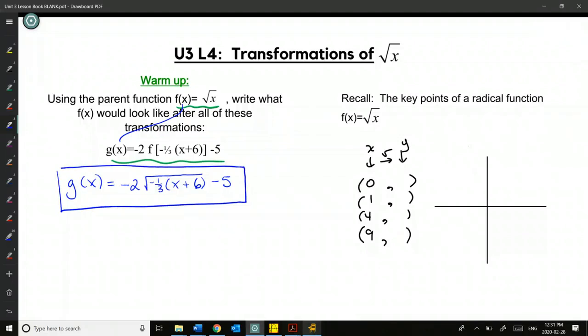Yesterday we talked about how the f part of this represents the name of the function here. So the f at x part of this, we want to remove the f part and then replace it with the operation of the parent function. And the operation of our parent function is root x.